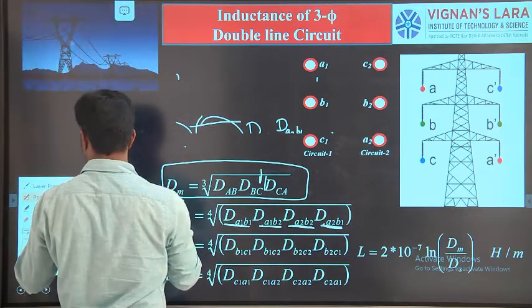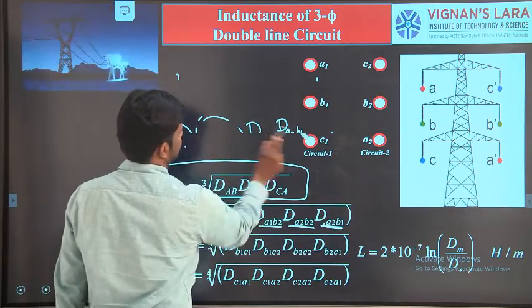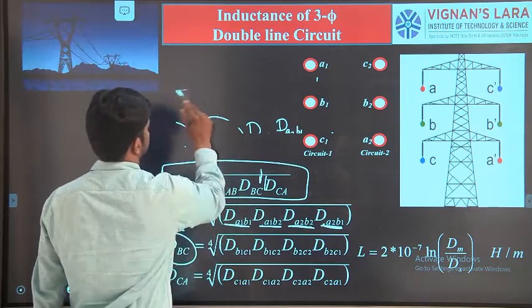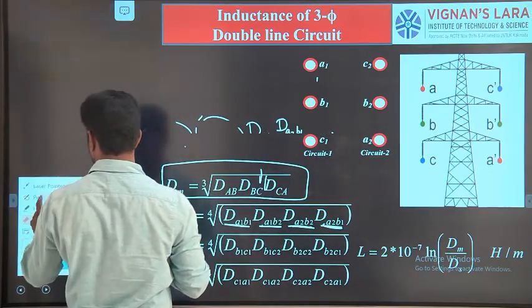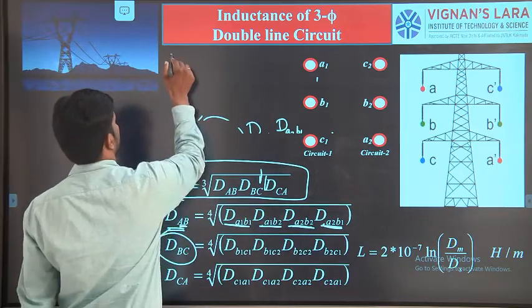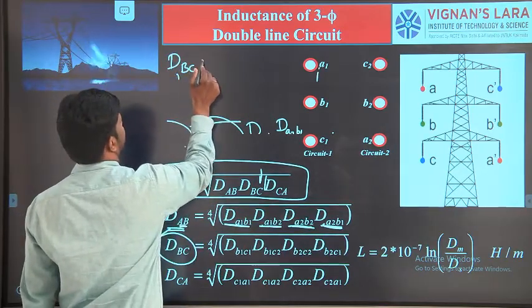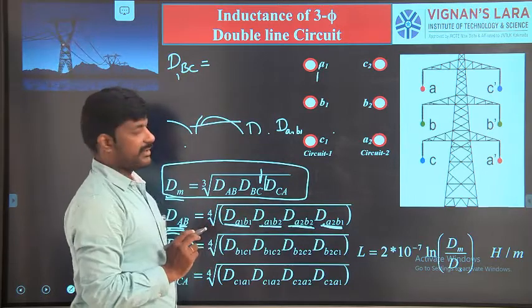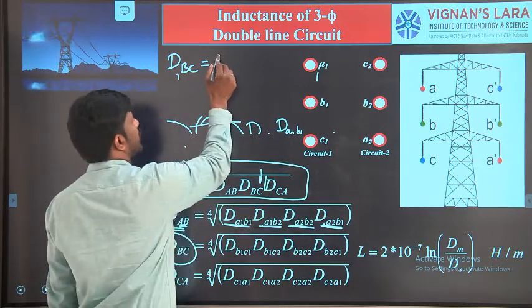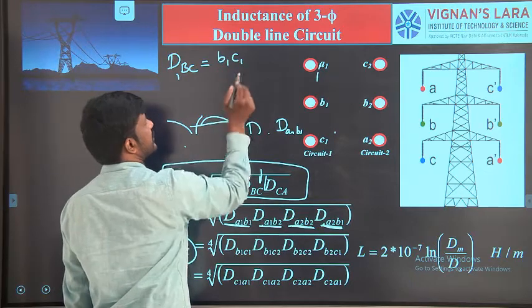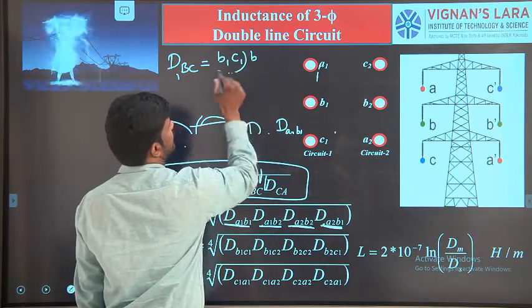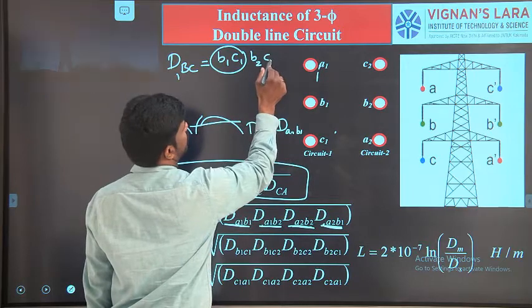What are DBC's combinations? In circuit 1, the distance is between B1 C1. In circuit 2, the distance is B2 C2.